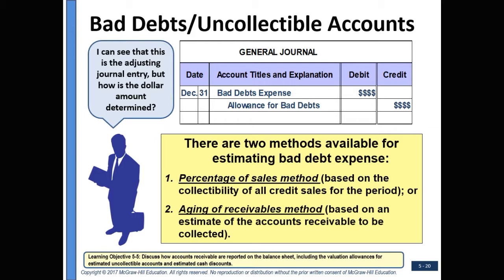The first is the percentage of sales method. This is based on the collectability of all credit sales for a given period. The second is the aging of receivables method, which is based on an estimate of what the accounts receivable is at a given point in time. Both methods are recorded in the same manner. It's just how we arrive at what that expense is that differs.